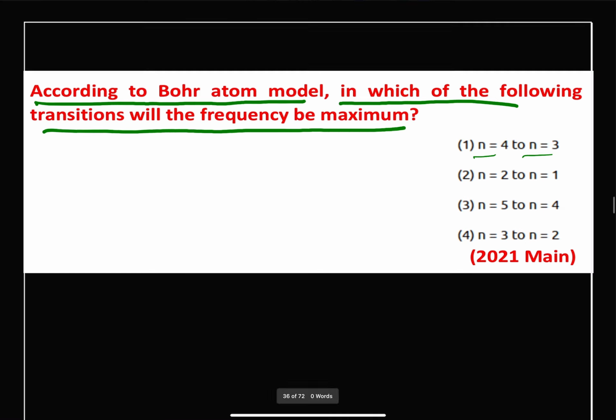And we know that the frequency of the emitted photon is proportional to the difference in energy.